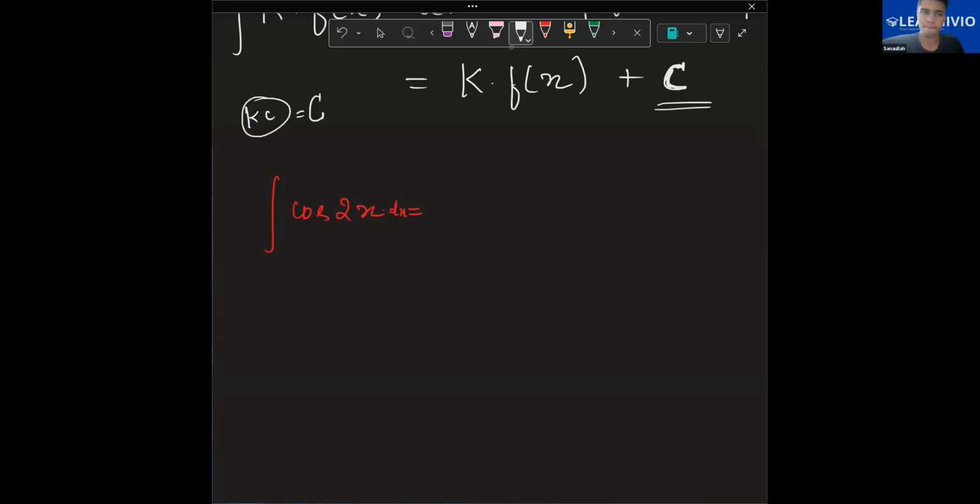Anyone? Tell me the answer. Sin 2x divided by 2 plus c.